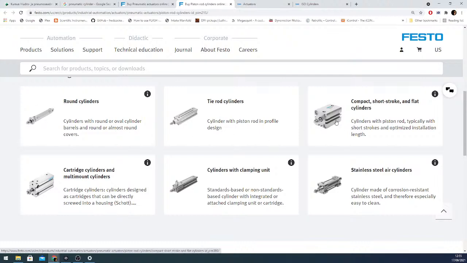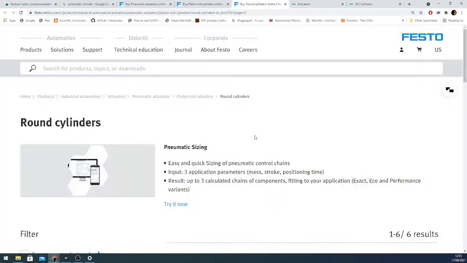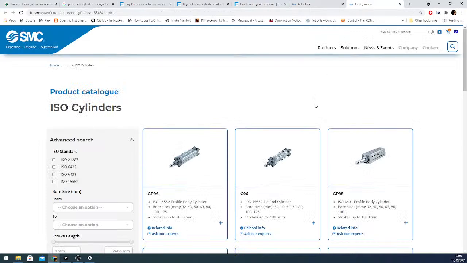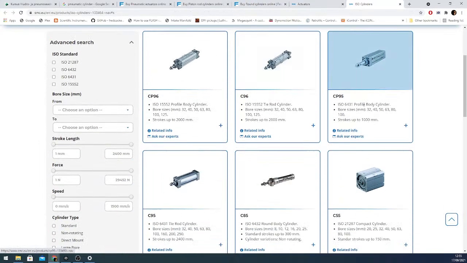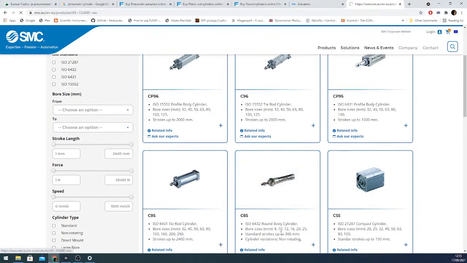There are some compact cylinders where the shape of the cylinder body is a little bit different from the other ones, but the round cylinder is, I think, the most common one. If you think about the cylinder, that's what you're thinking about usually. And here in the SMC world, I think it's this C85 series cylinder. It's the most common one.